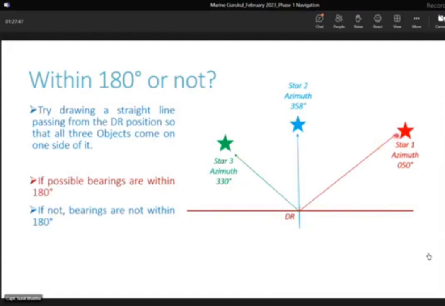So since all of them are falling on one side of the line and it is possible, these bearings are within 180 degrees. So in this particular case, the bearings lie within 180 degrees. Sir, the line must pass through the DR position, right, sir? The straight line. That's right, beta. It should pass through the DR position.